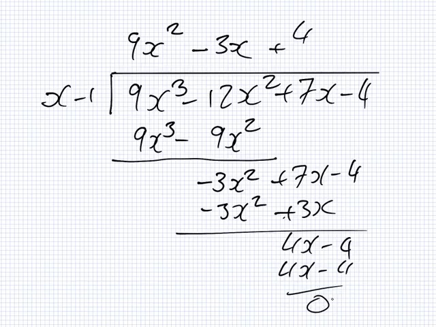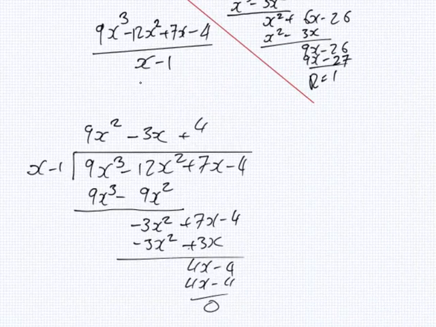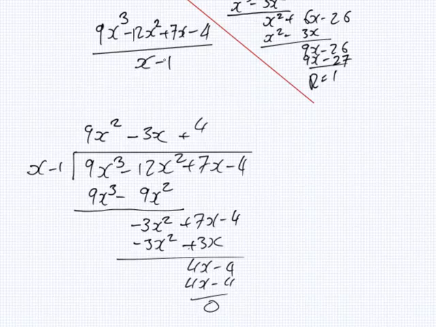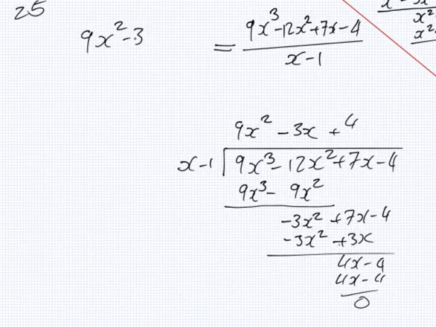The remainder is 0, so that means back up here this equals that. So if I just put it over here, this equals 9x squared minus 3x plus 4 is the answer. Correct. Yes?